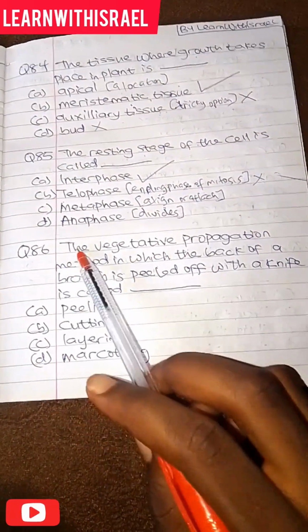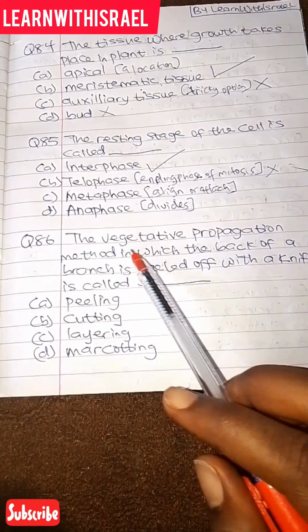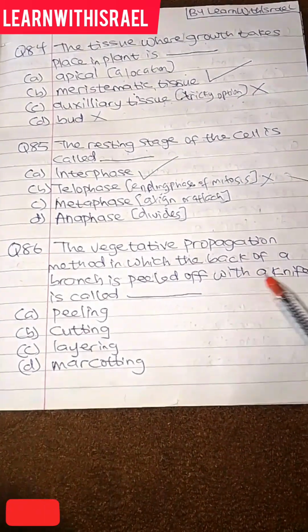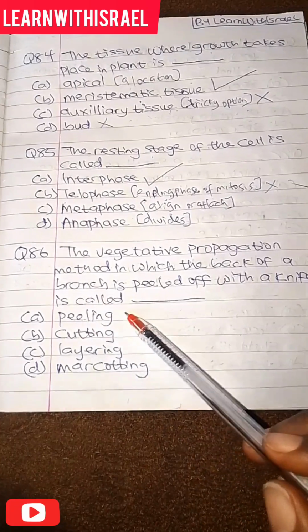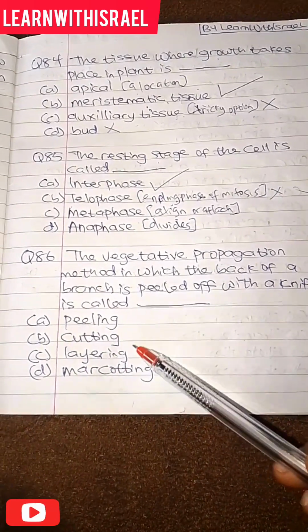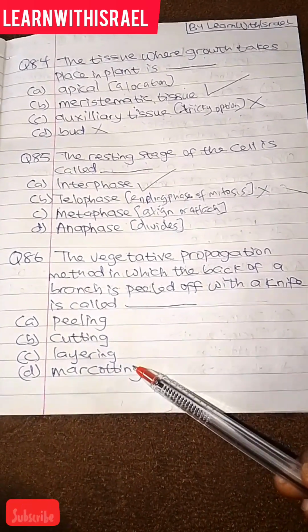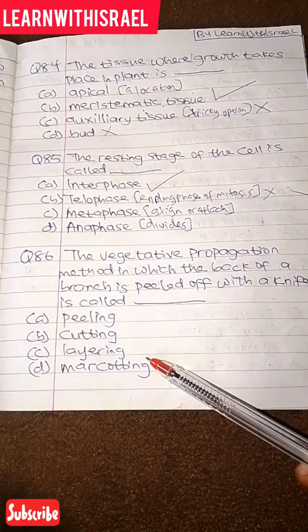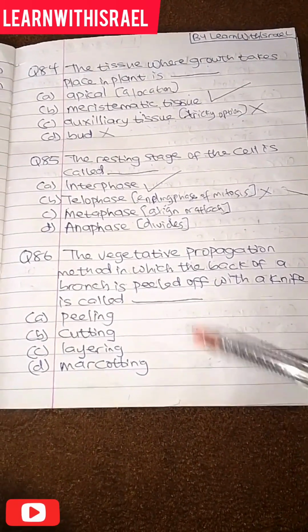Question 86. The vegetative propagation method in which the bark of a branch is peeled off with a knife is called dash. A. Peeling. B. Cutting. C. Layering. D. Marcotting. Marcotting is the correct answer.